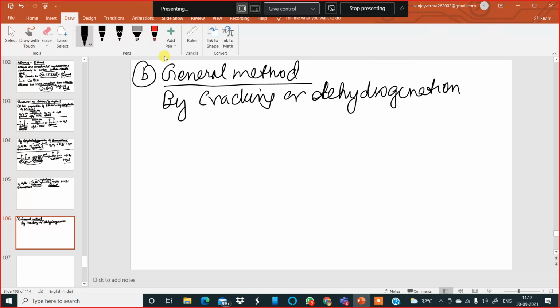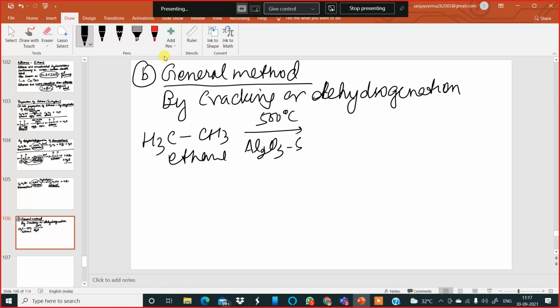If I take ethane, CH3CH3, and subject this to 500 degrees Celsius in the presence of heated alumina and silicon dioxide, which is the combined catalyst, it forms H2C=CH2 plus hydrogen is given out. So this is our ethene.